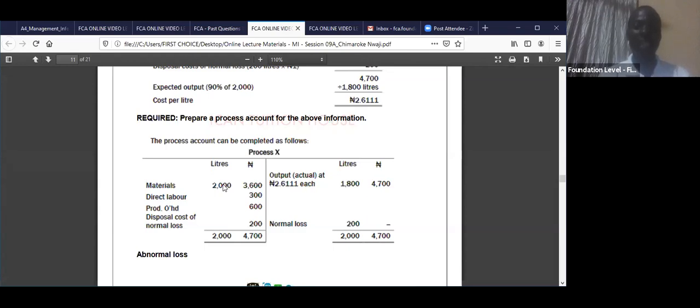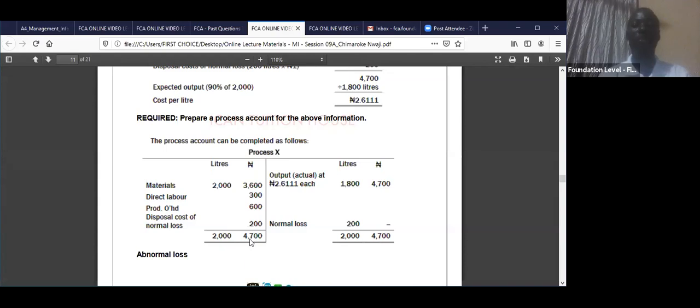The only thing again that you might see when we get to that point is abnormal gain. So these are things you will keep in mind. Material will have value in units. Abnormal gain, when we come to it, will also have value in units. Then every other thing will have value in costs.